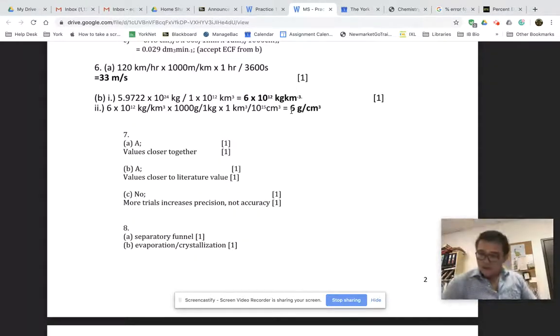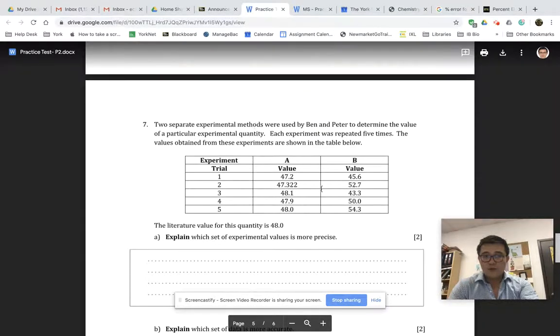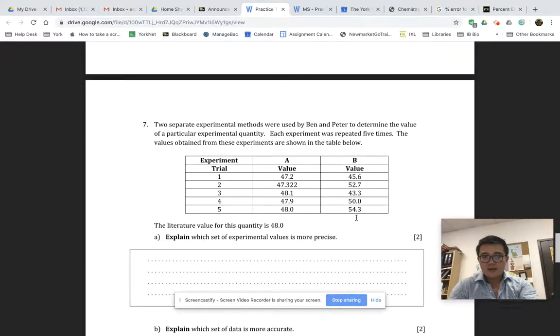Which set of data is more precise? If you look at that, in A and B, set 2 is pretty widespread data. In set 1, all of them are much closer together, so in this case it's more precise.